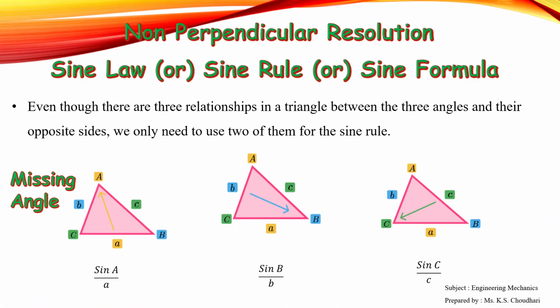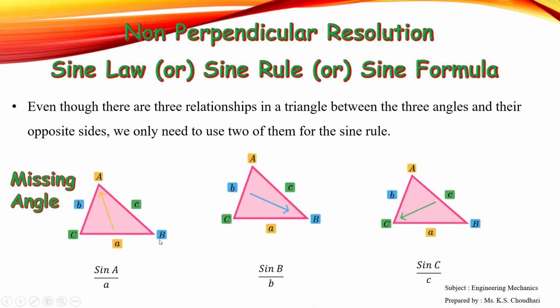Now this formula is for missing angles. Now understand how this formula comes about. First of all, understand this figure. This is an oblique triangle.